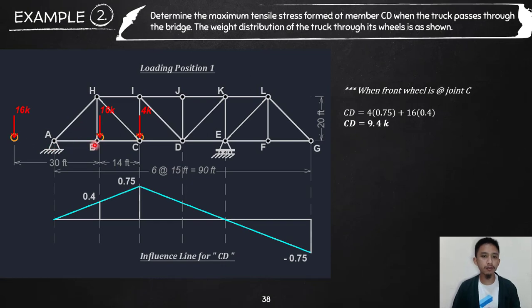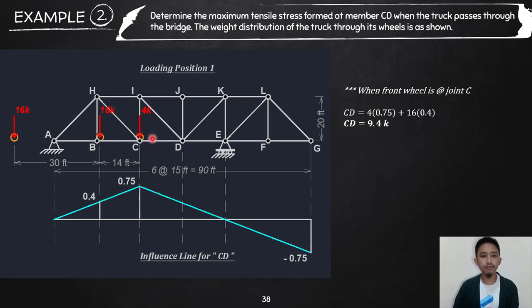So if we locate the front wheel, that is the 4 kip, exactly on top of C, to align that to the maximum positive, then the location of the other wheels will follow, given that this is 30 between the intermediate and the rear, and 14 between the front and the intermediate. That is how we will locate the rest.